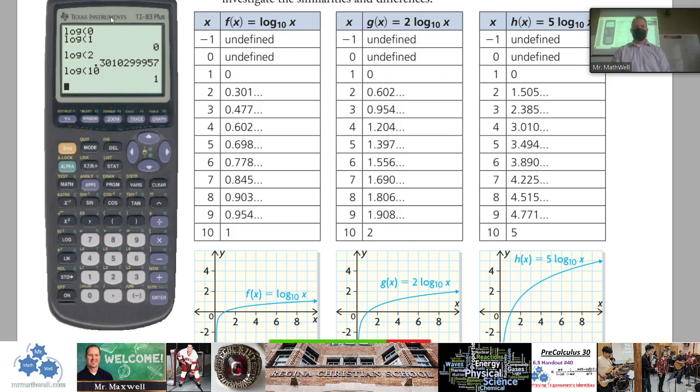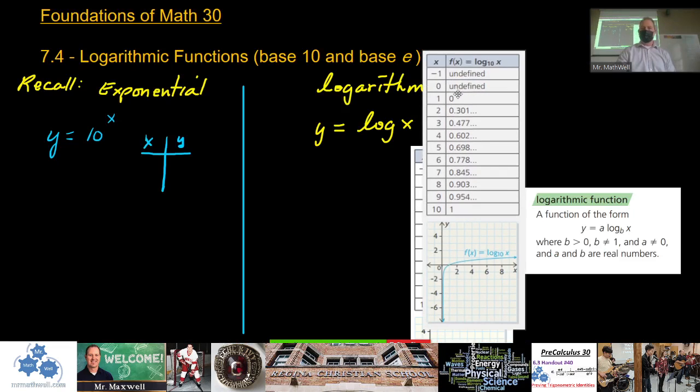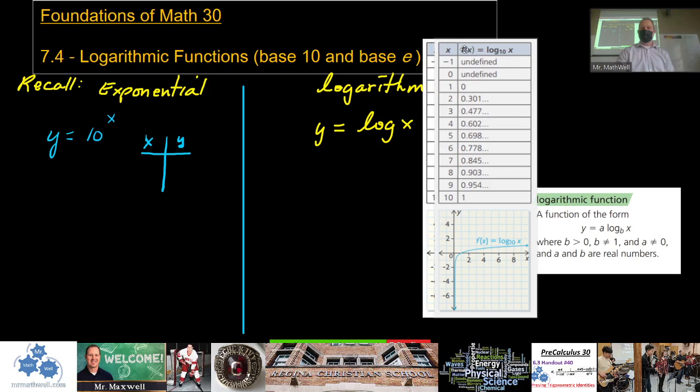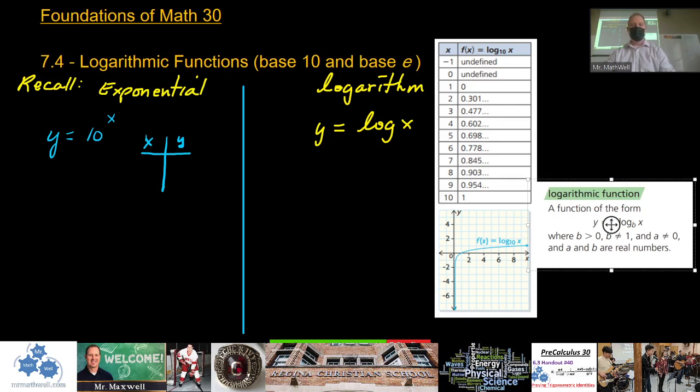Let's go back to our notes here, where I have this table of values. I also put on here a recall of the exponential function. Exponential functions, we know how they work, right? If you put in a number for x and plug it in here, 10 to the power of 0 is, what's 10 to the power of 0?